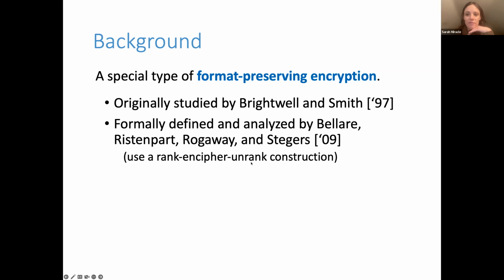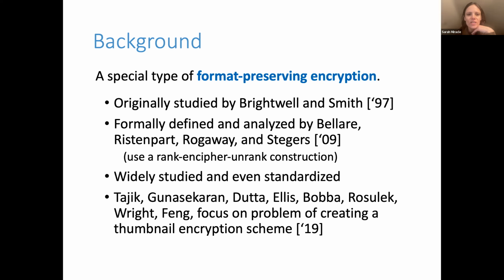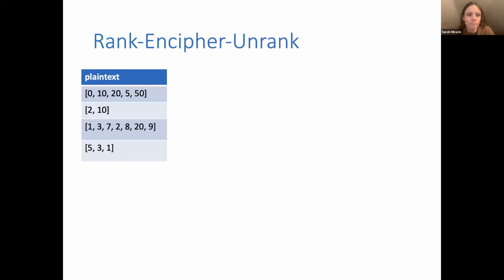It was formally defined and analyzed by Bellare, Ristenpart, Rogaway, and Stegers in '09, and they used a rank-encipher-unrank construction, which I'll talk about further with examples here today. Again, it's widely studied and even standardized. So Tajik et al. introduced this idea of sum preserving encryption, as I said before, and they focused on the problem of creating a thumbnail encryption scheme.